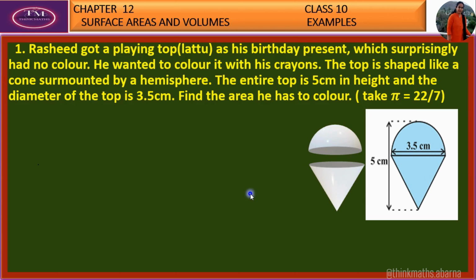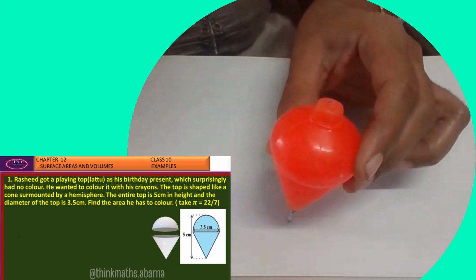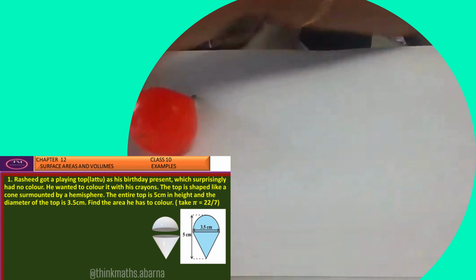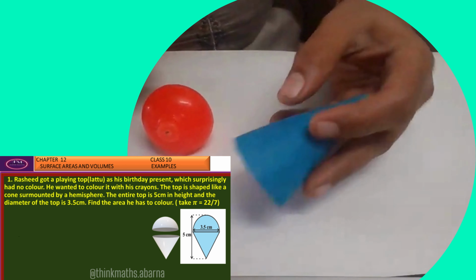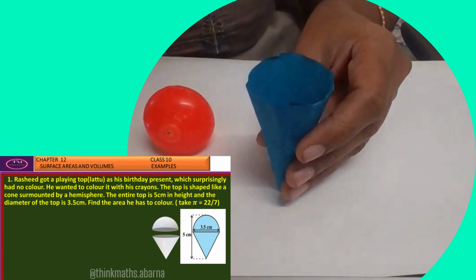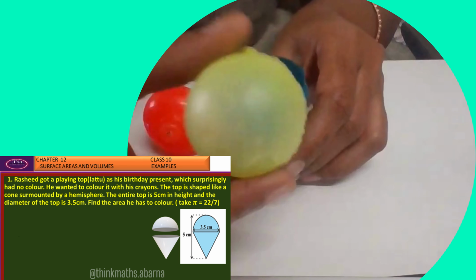Now we shall look into this practically. This is the playing latu, or top. How is this formed? It is formed by the cone, and this cone is surmounted by the hemisphere. This is the hemisphere, half of the sphere.